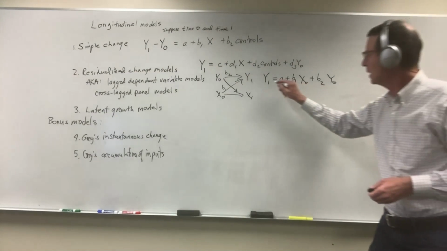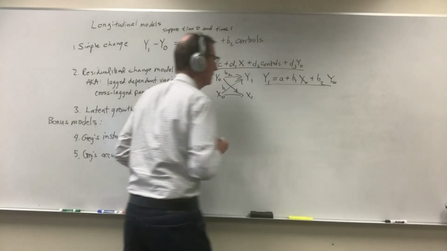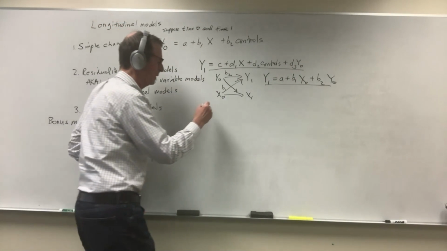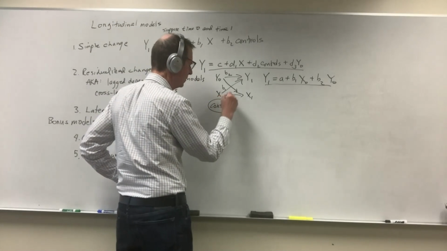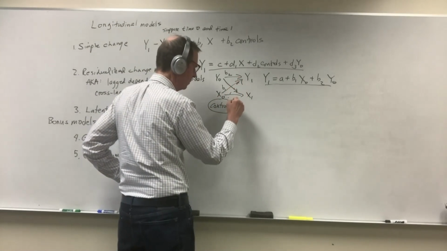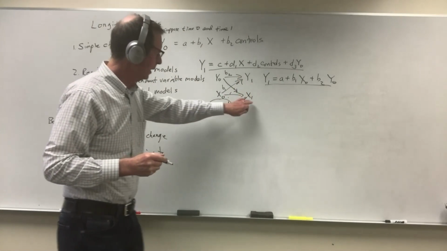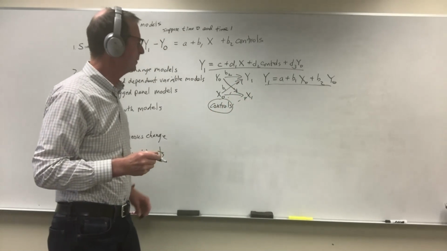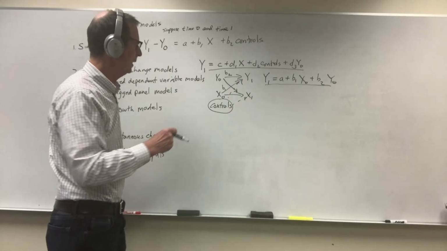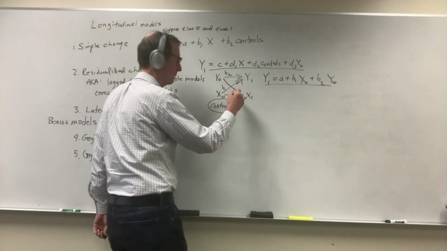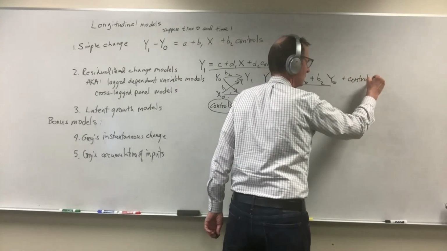Now this looks a lot like this. You could think of adding controls down here, affecting y1 and x1. And you still have this x1 equation that we haven't talked about. But in terms of the dependent variable we're interested in, which is y, we could add controls here.